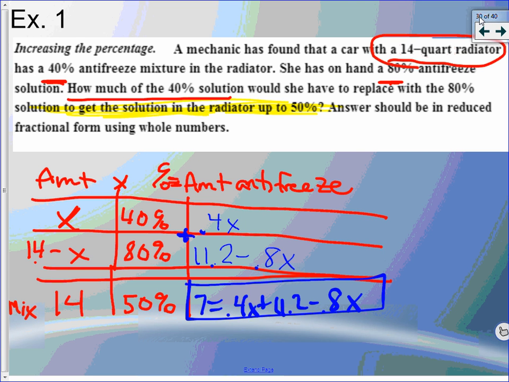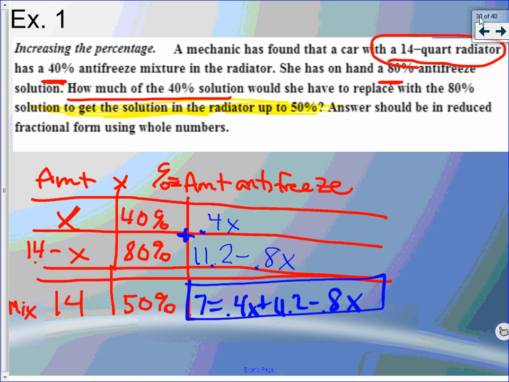So 7 quarts equals the amount of quarts of antifreeze in the 40% solution plus the 80% solution. Any questions on how I got the 7? Any questions on how I got 0.4x plus 11.2 minus 0.8x?